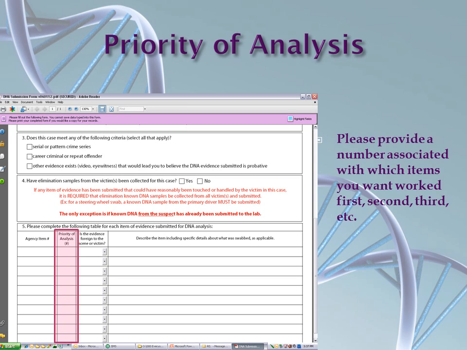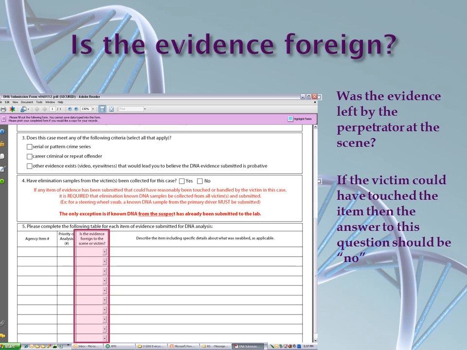Finally, we have this table at the end that has a couple of different columns that need to be filled out. The first is for the agency item number, and the second is for priority of analysis. So we'd like you to put in order which items you think are the most important, which ones you would like to see worked first, second, third, etc. The next column is a question of, is the evidence that you've submitted foreign to the scene or to the victim?